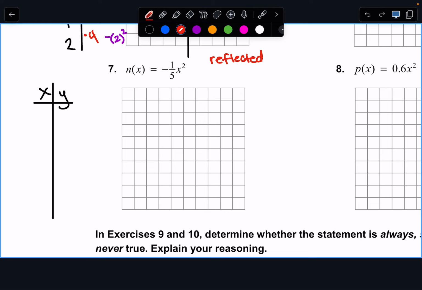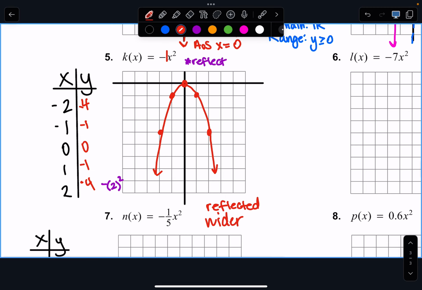It's less than 1, which means it gets wider. Okay? So here's the shape of just x squared reflected.